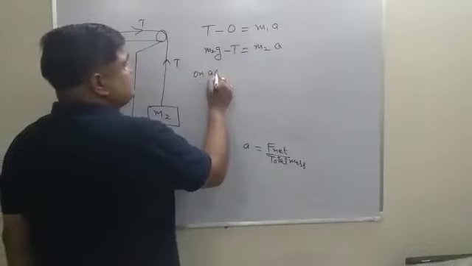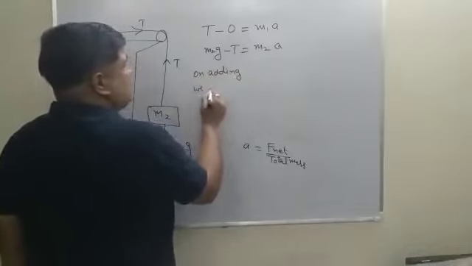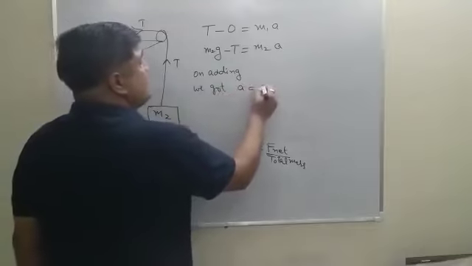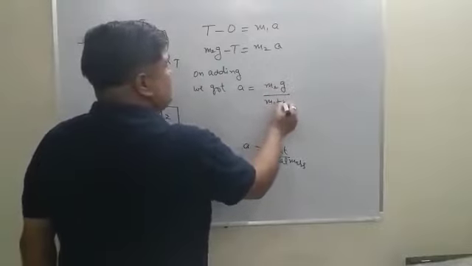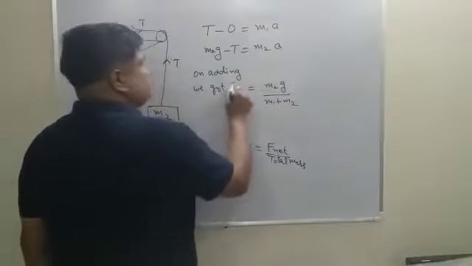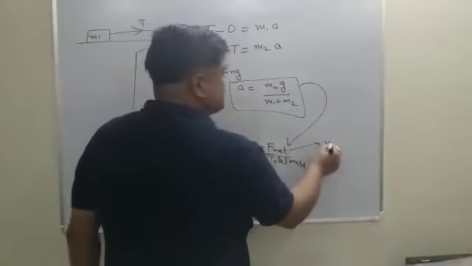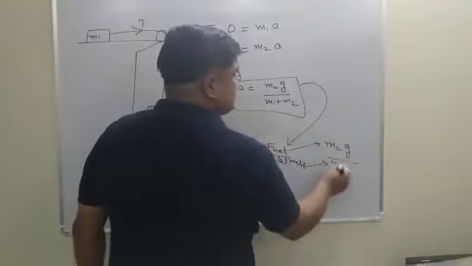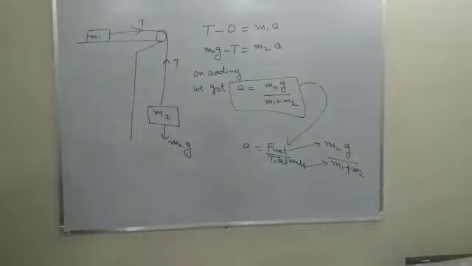On adding, we get A is equal to M2G over (M1 plus M2), which is the same as this. F net is M2G, total mass is M1 plus M2. So this is how we can calculate the simple questions.